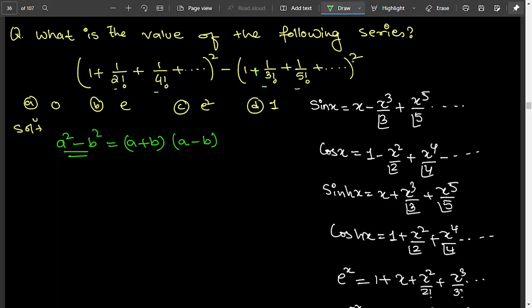So let us see what is a. It is nothing but 1 plus 1 upon 2 factorial plus and so on. Similarly, b is nothing but 1 plus 1 upon 3 factorial plus 1 upon 5 factorial and so on.